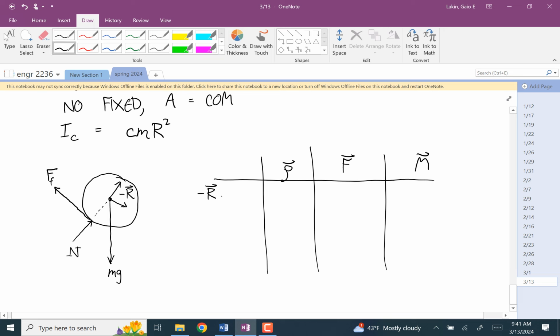Well, negative R: our about point is the center, so rho vector is 0. The force is negative Rx, negative Ry. Cross product is 0. Next, let's do the normal force.